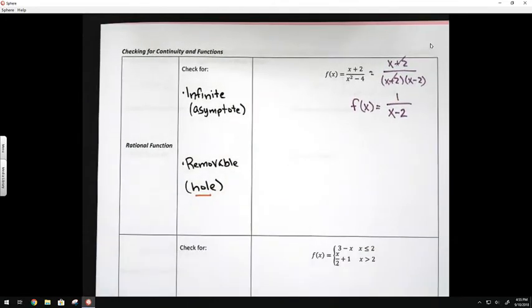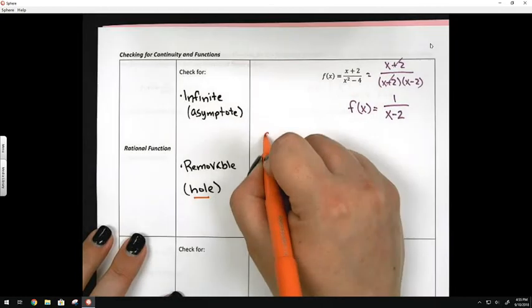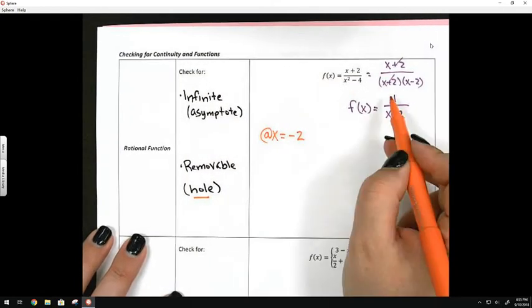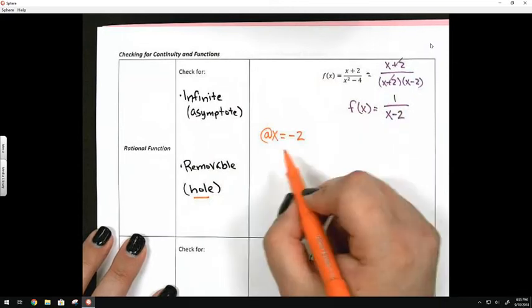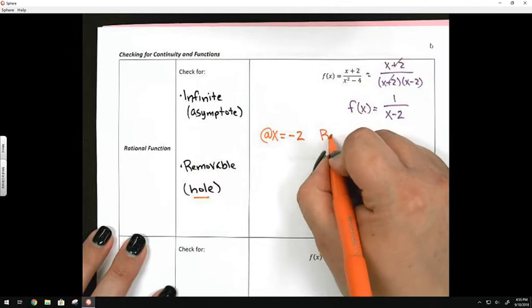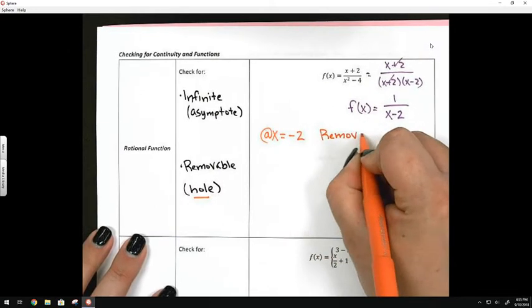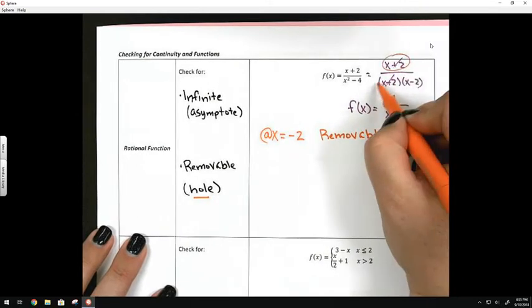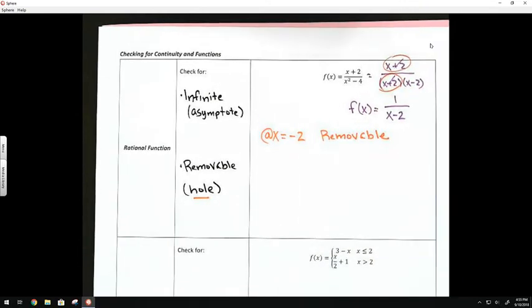All right, so we have at x equals 2, or I'm sorry, at x equals negative 2, we take the opposite of it, sorry. At x equals negative 2, we created a hole, so we have a removable discontinuity. By canceling those out, we removed it from the equation, right?